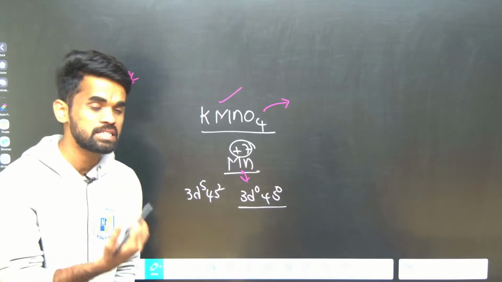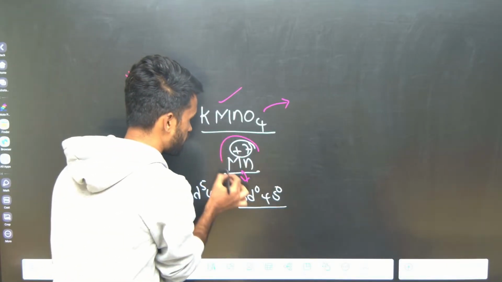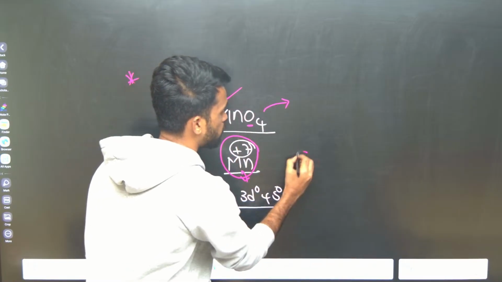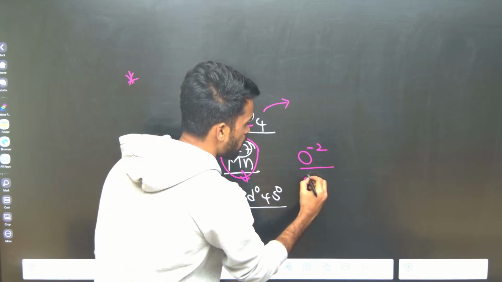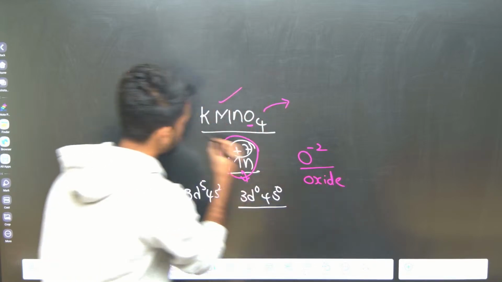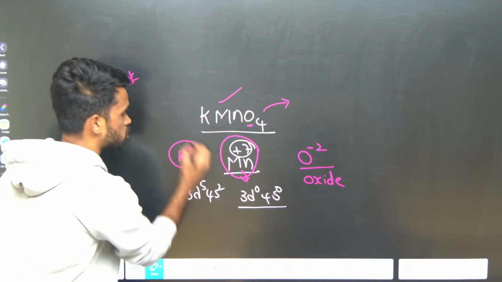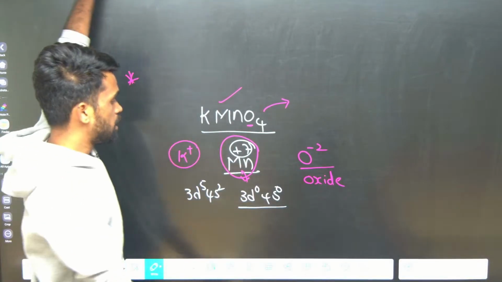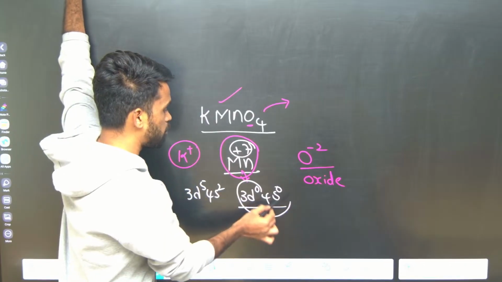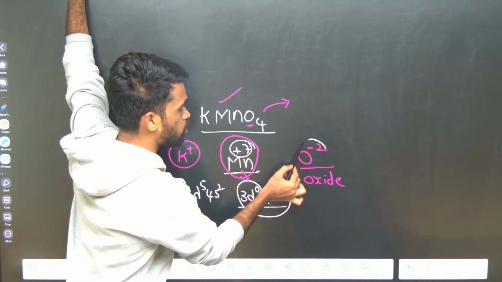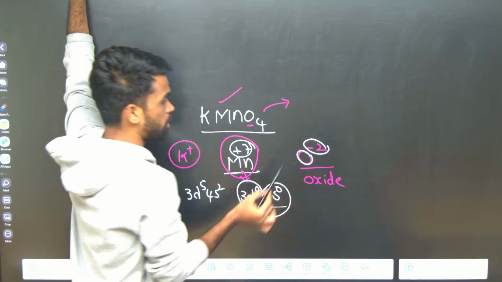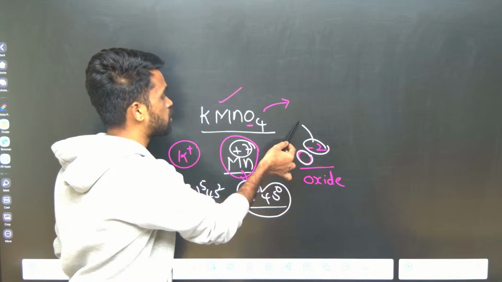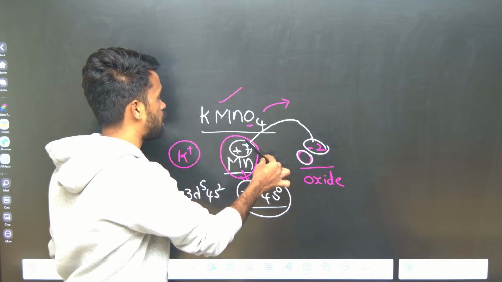So what is the reason for this? It has the +7 oxidation state, and oxygen is in the oxide form, O2-. Potassium will definitely be +1 in any of its combined forms. Due to the availability of a vacant d orbital on manganese and more electron density on the ligand, the oxide donates charge to the empty orbital of manganese.